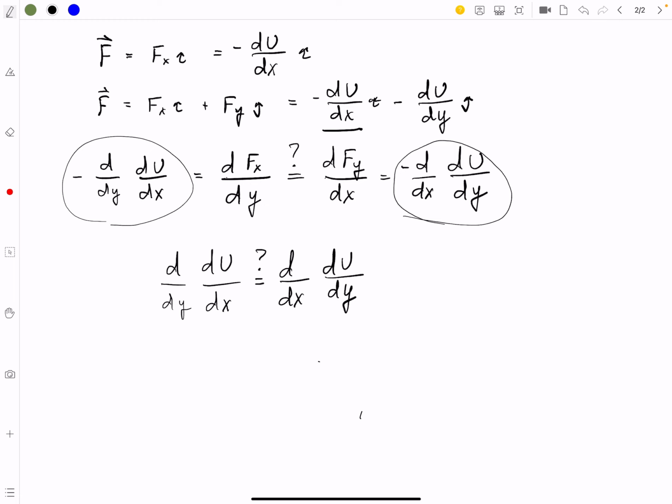Because you should be able to just swap these guys. It doesn't matter the order. They should work, right? So technically, we should be able to say that if we swap those two, dx, dy. So the order in which we do the operation, the derivatives, does the order matter?